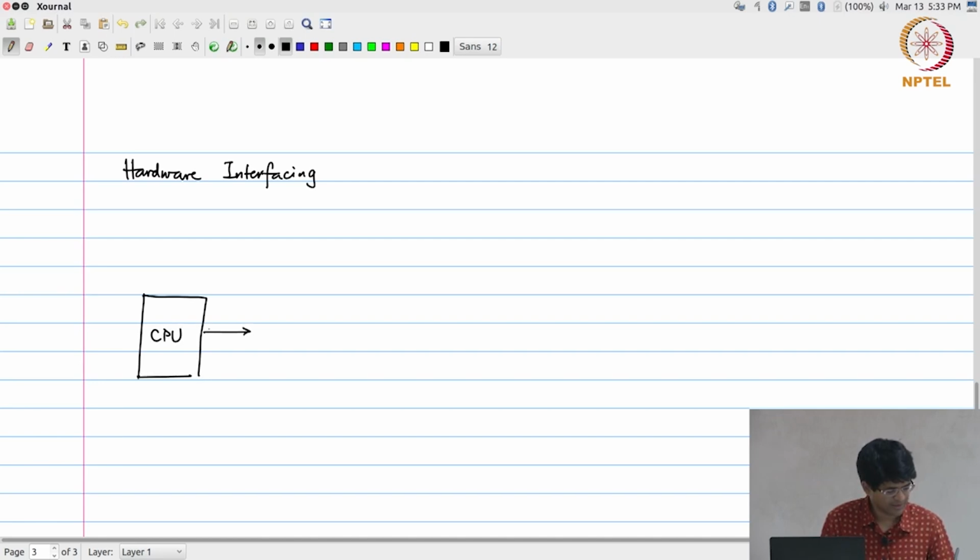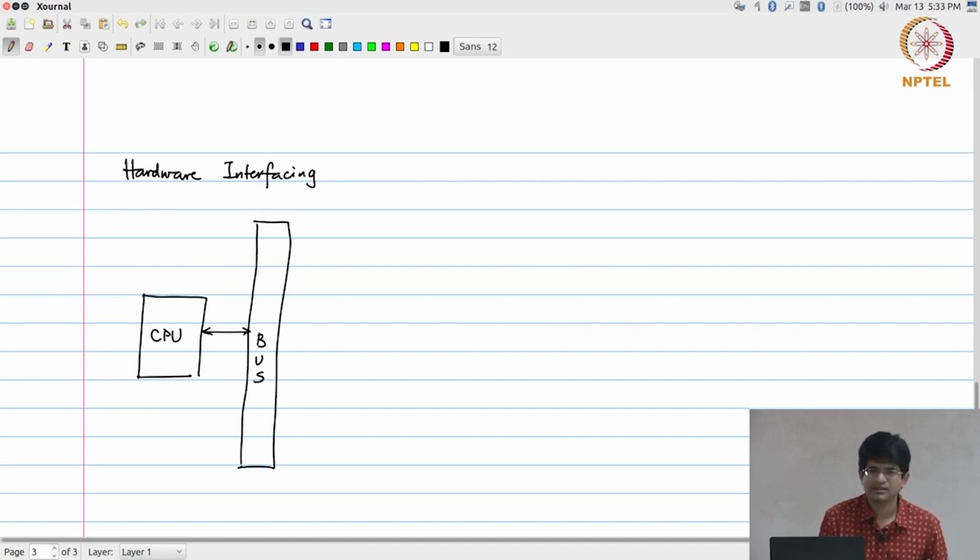There is something that I am going to call a bus. Right? And what exactly is this bus? Is it just a collection of wires, or is it something more than that? That is actually something that we will need to spend a little bit more time on later. Okay? But for the time being, all that we care about is it is the way by which we connect things together. Okay?